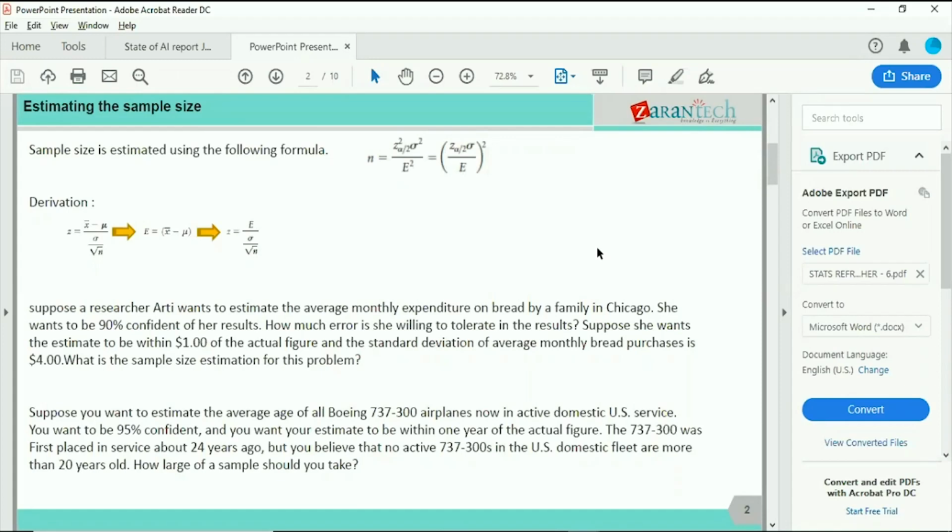Now, how do you do that? For that, we would look into something called sample size. Now, how do we estimate the sample size?